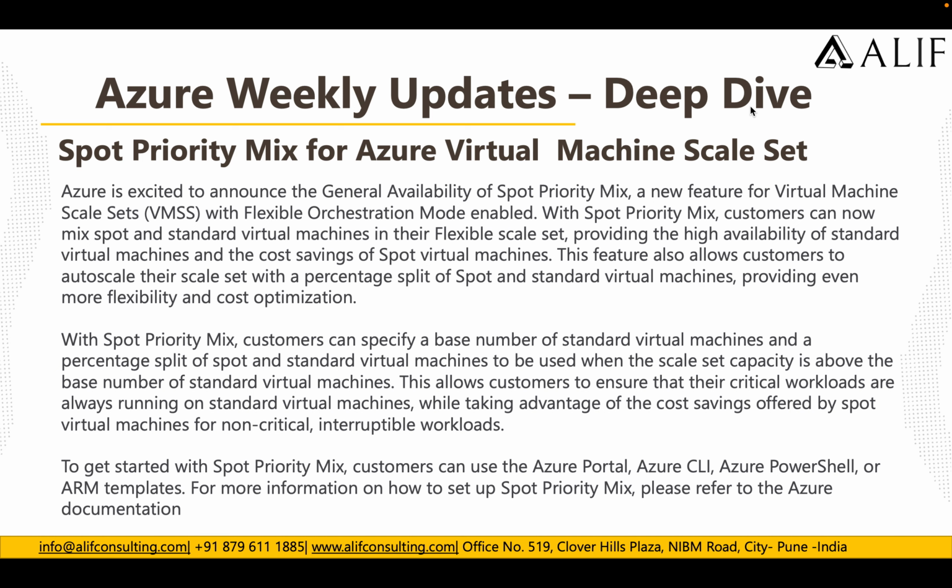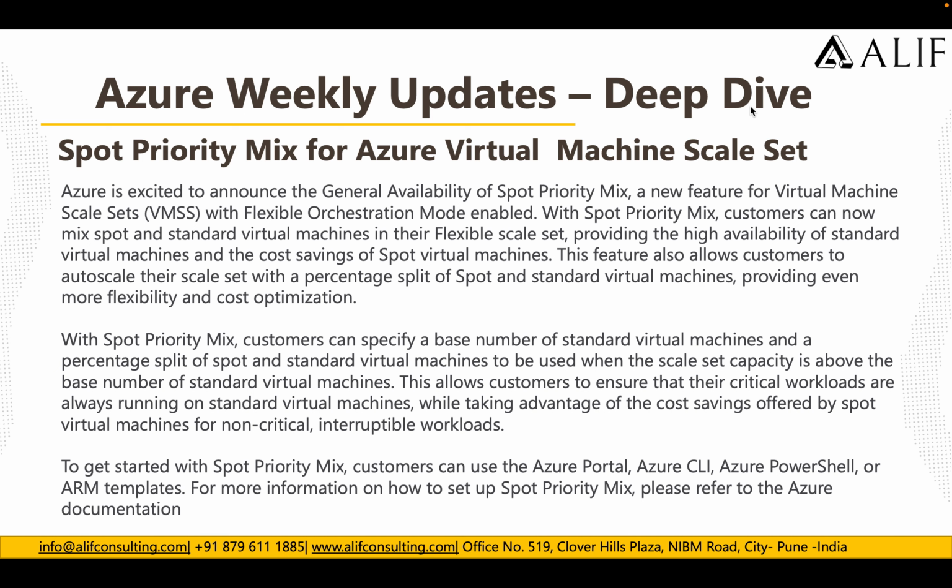In the same way, Microsoft has announced general availability of spot priority mix, a new feature for virtual machine scale sets with flexible orchestration mode enabled. With spot priority mix, customers can now mix spot and standard virtual machines in the flexible scale set, right?